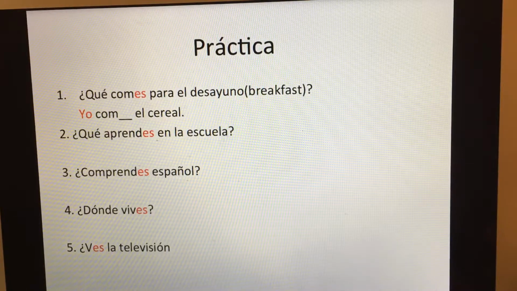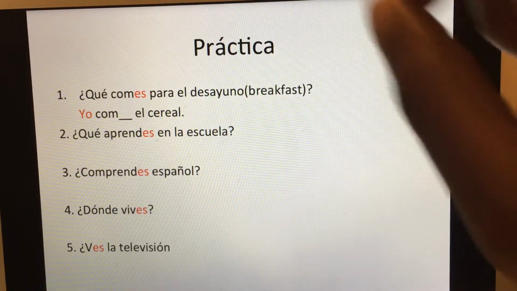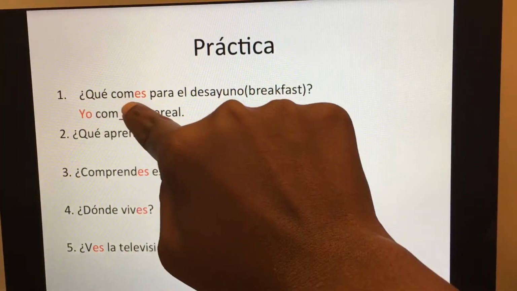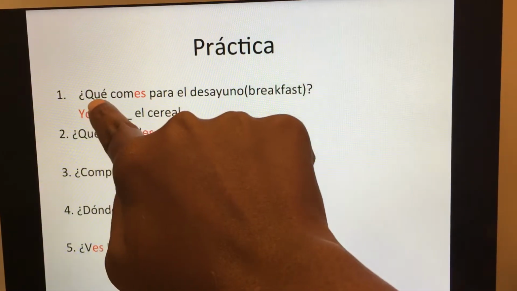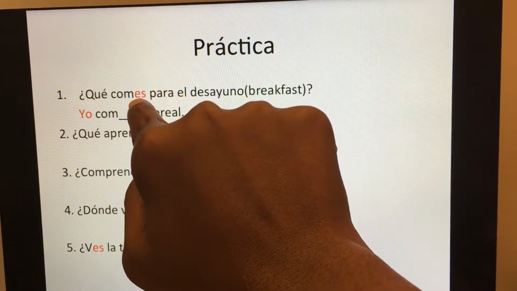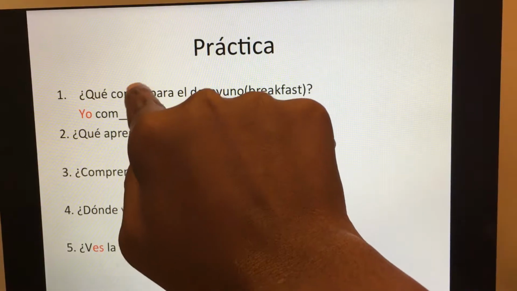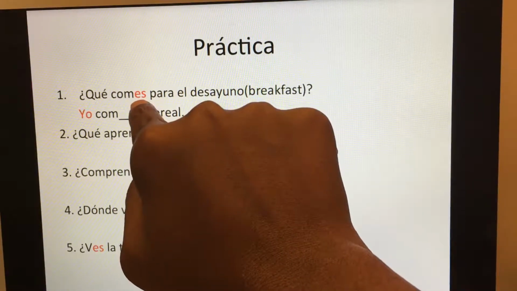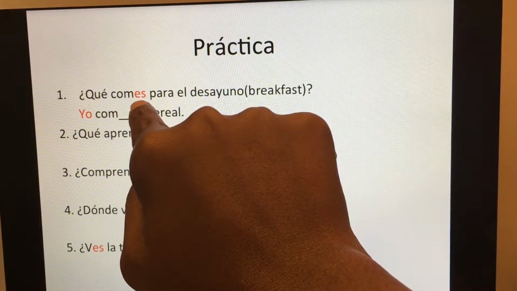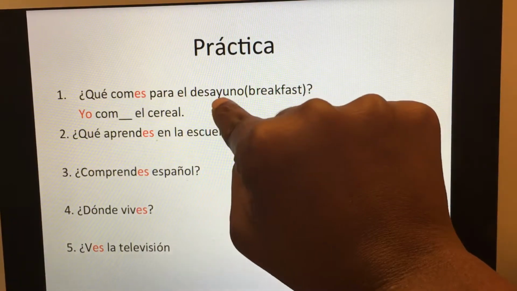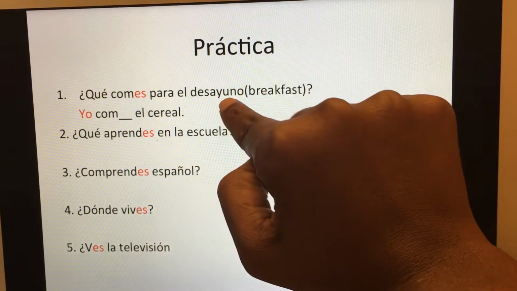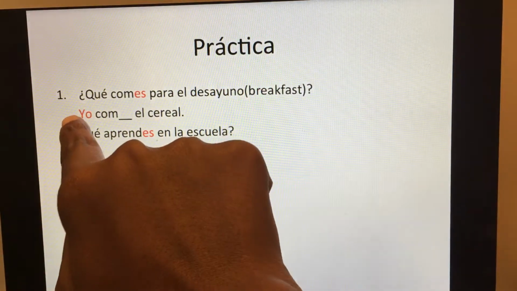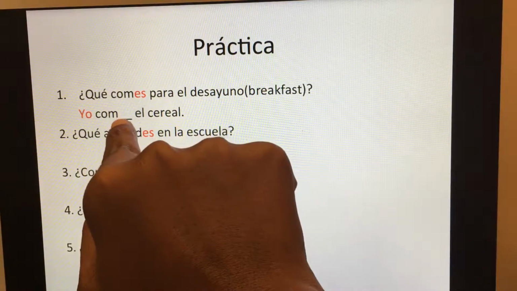Now let's practice. Here's a question: ¿Qué comes para el desayuno? What are you eating? I know the subject is you because of how the verb is conjugated. It's ending in ES. What are you eating for breakfast? You respond back with yo, and what is your ending going to be?